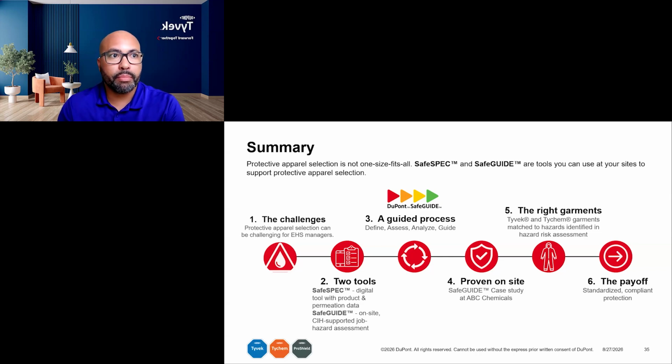SafeGUIDE provides a repeatable process of define, assess, analyze, and guide. The case study Mark presented shows how these tools can turn a safety challenge into a supportive product recommendation. These tools help match hazards with the right protective clothing, and it leads you to a big payoff of standardized, compliant protection.